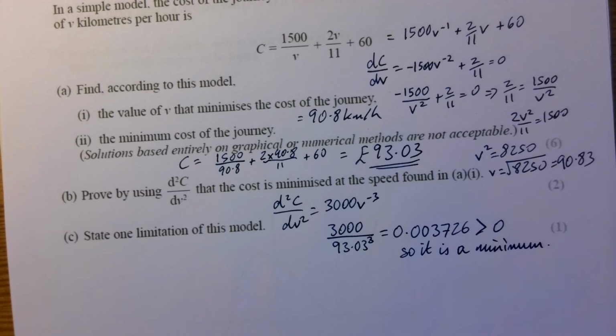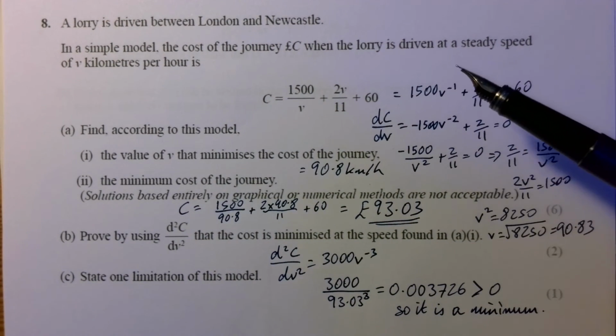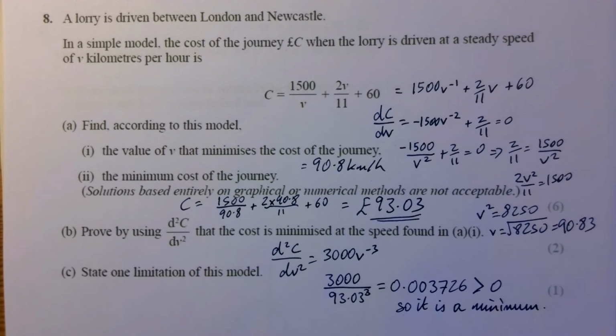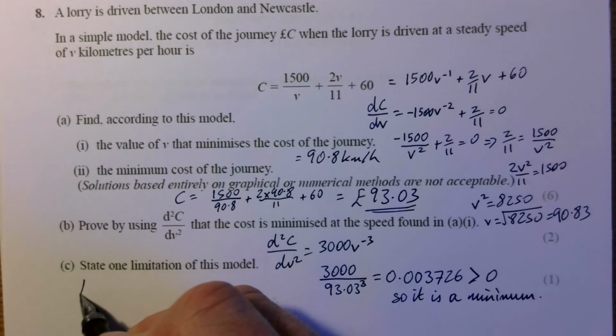Finally, for only 1 mark, state one limitation of this model. Well, for that, you need to go back and think about this. Is a lorry ever going to be driven at exactly the same speed all the way from London to Newcastle? No, that's not really possible, is it? So that's all you've got to write.